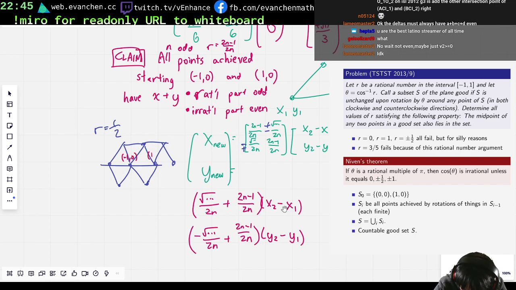This is 1, 0. This is... Jesus, how do you do geo? 0, root 3. So I mean, if you look at this picture, it sort of suggests what the claim should be.